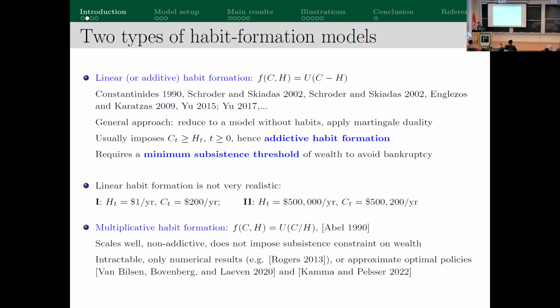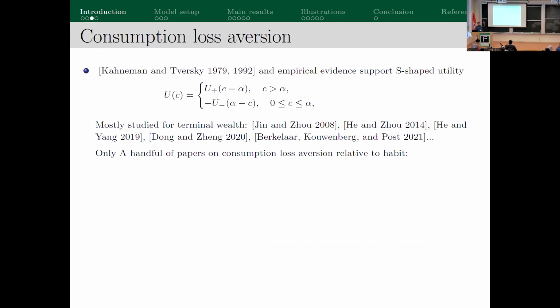So anyways, the problem of just multiplicative habit formation is largely unsolved. Now I'm going to go in another direction. Whenever you have a reference, there is this economic theory that says you're loss averse. If you're above the reference, you're going to have a concave utility function, you're risk averse.